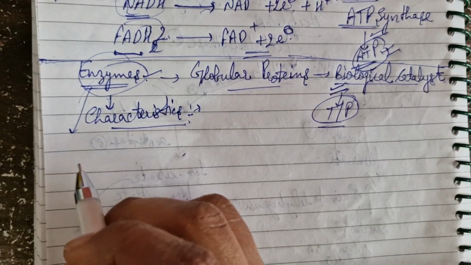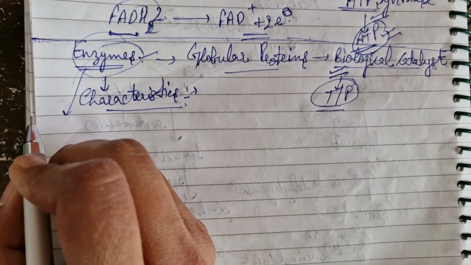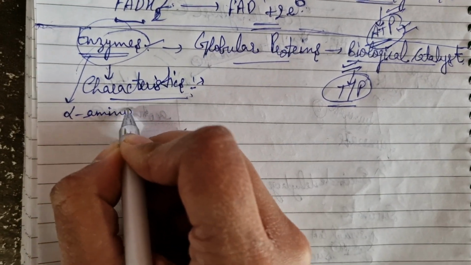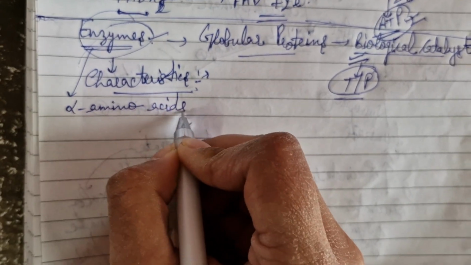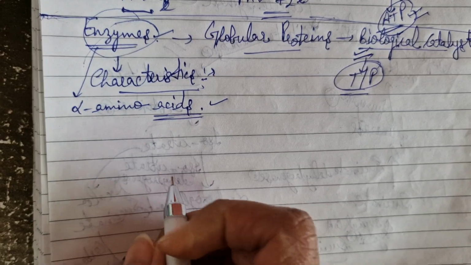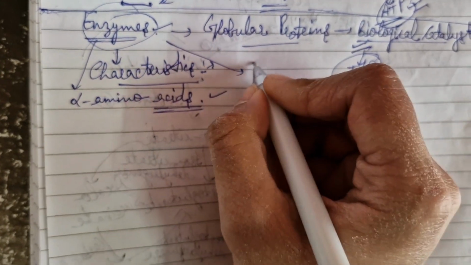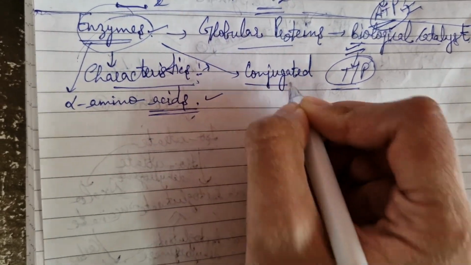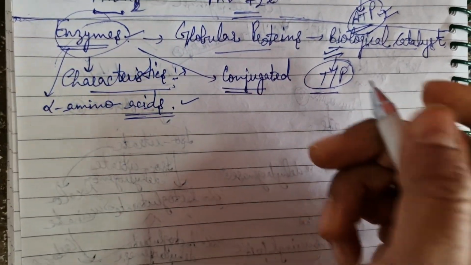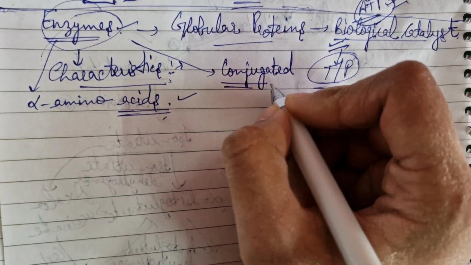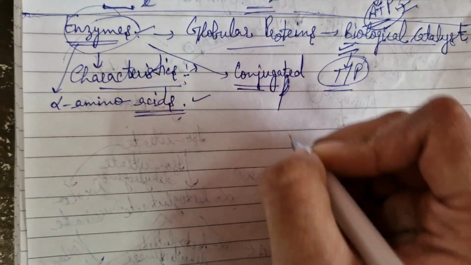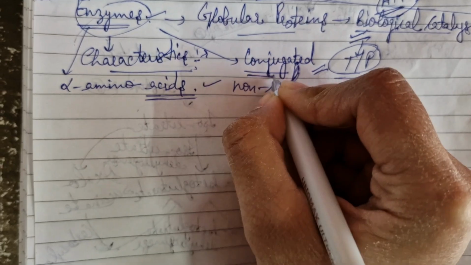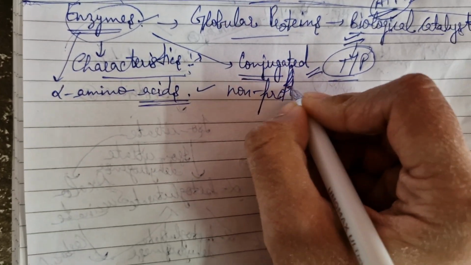One are those which are purely made up of alpha amino acids, that is, only possess protein part, and the second one are conjugated proteins, that is, which also comprise a non-protein part, and that non-protein part is known as prosthetic group.